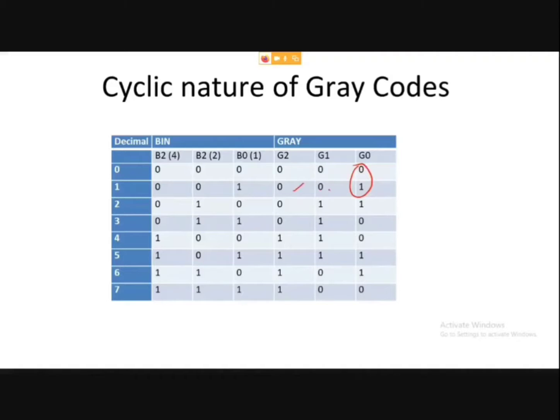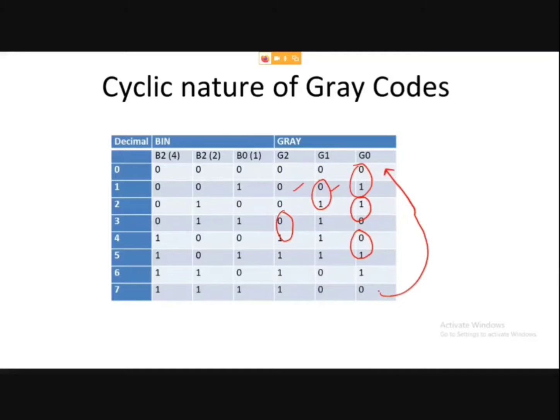These two positions are different, and the other positions are exactly the same. Similarly here, these two positions are different, similarly in the next two, and similarly here. So between any two successive gray codes, only one bit change is allowed and the rest of the number is kept the same. And this property holds even for the first and the last number.